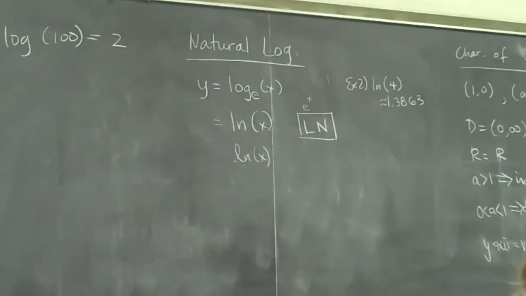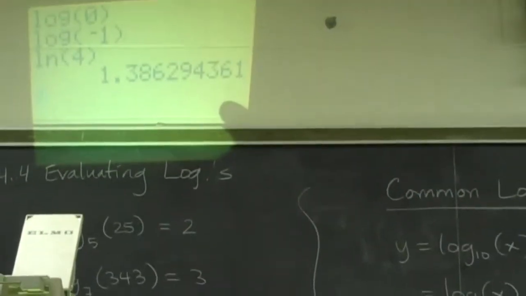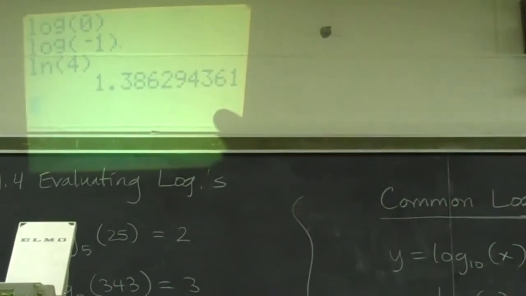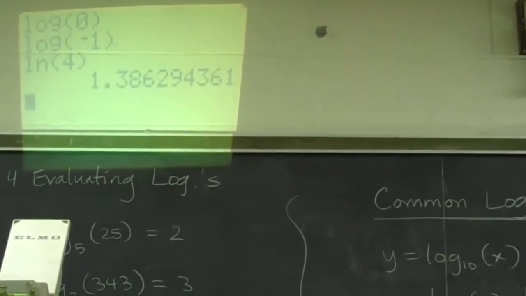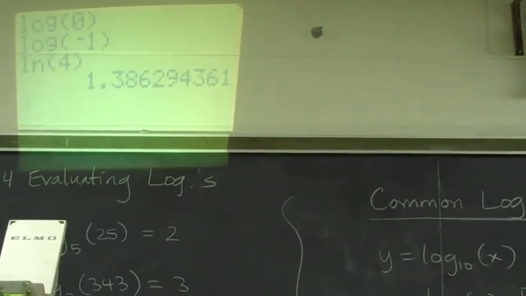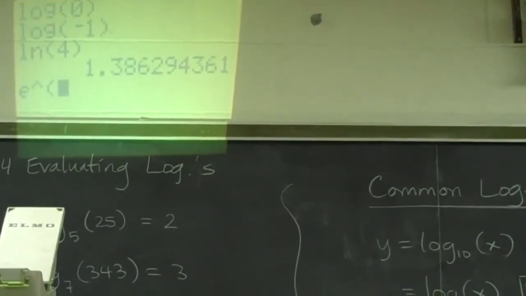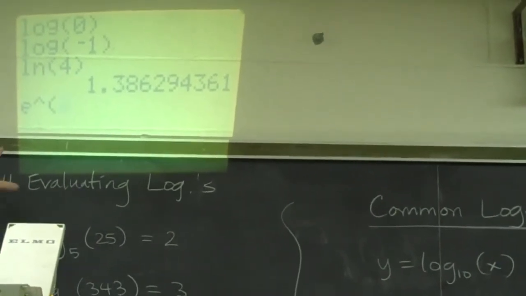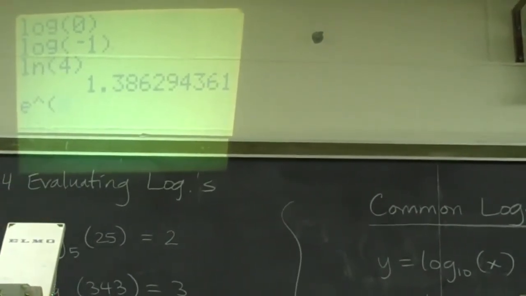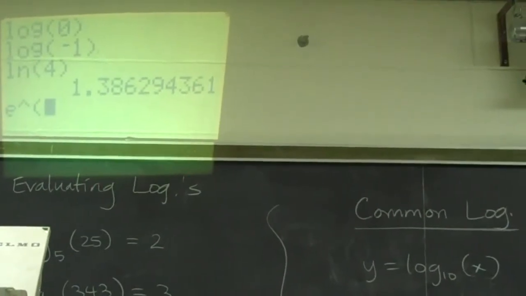Okay, what does this mean? If this is my natural log of base e, if I take e raised to that number, what should I get? I should get 4. That's what this means. So if I try that, if I do second ln to get my e to the whatever, do y'all want to do that exact number or do y'all want to round it? Let's do that exact number. Does anyone know how I can get that exact number?